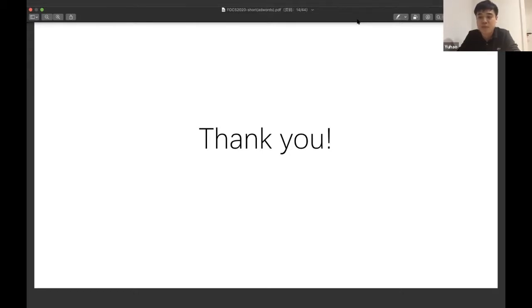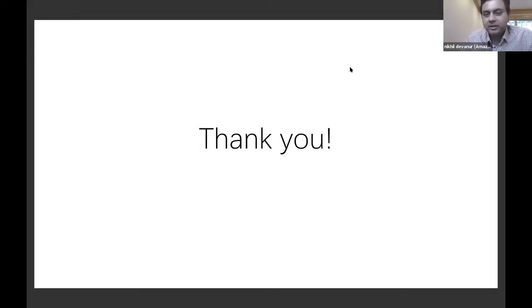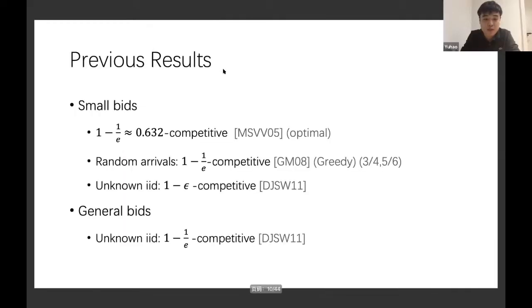So, I had one comment which I also sent in the chat. One of your slides. I think for the small bids, even with random arrivals, random permutation, sorry, you can still get 1 minus epsilon. You mean this? The second line. I think you mean random permutation, right? When you say random arrivals, you can get 1 minus epsilon for random permutation also.